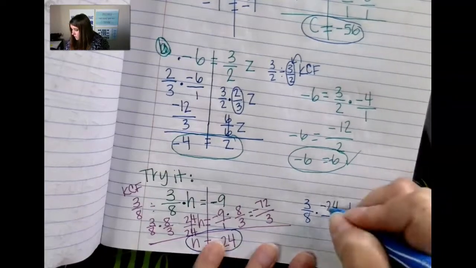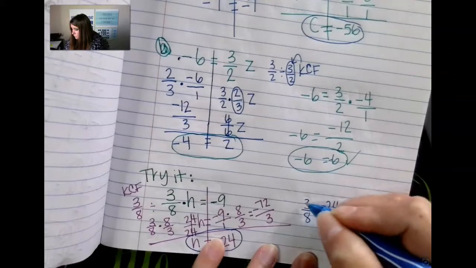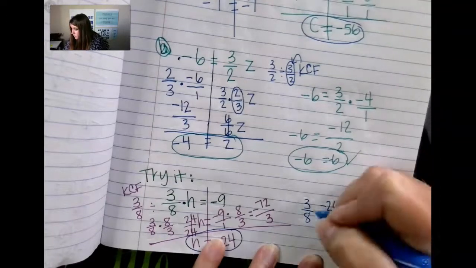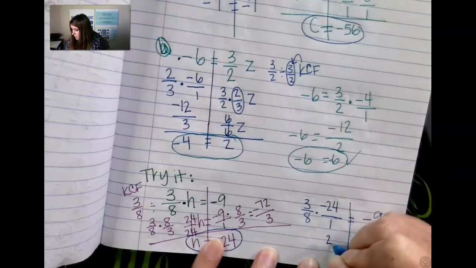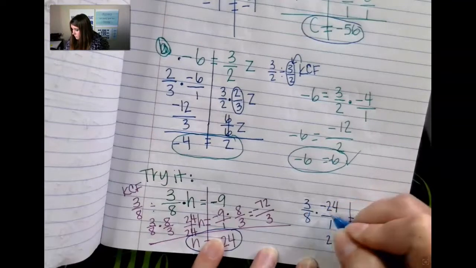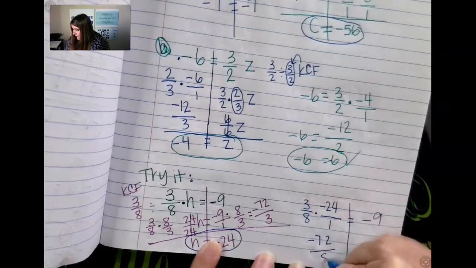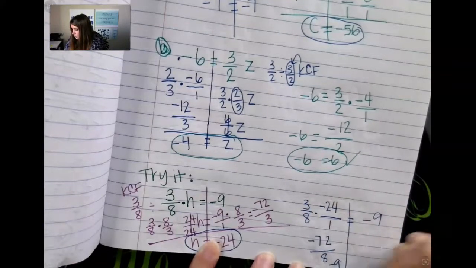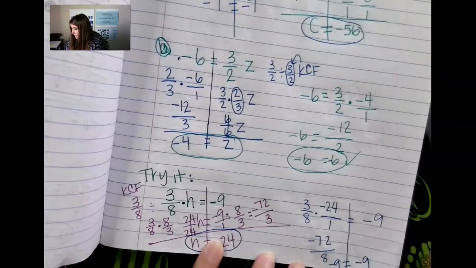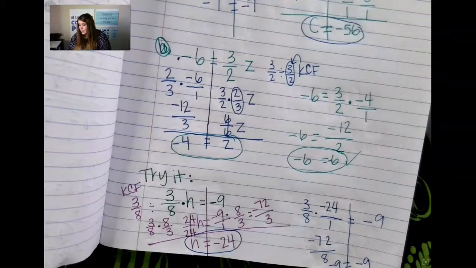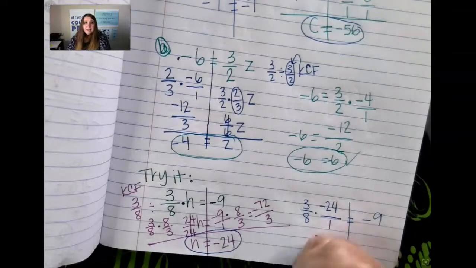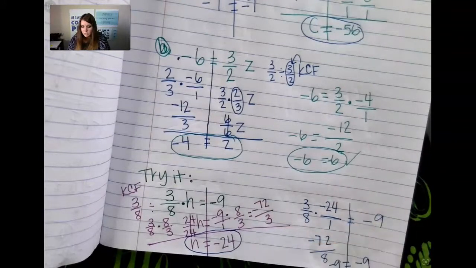Let's just keep checking it. So 4 times 3 is 12. Carry my 1. 3 times 2 is 6 plus 1 is 7. So 72 over 8, and we know that 72 over 8 equals 9, and it's a negative, and that is a negative. So yes, negative 24 is our solution.